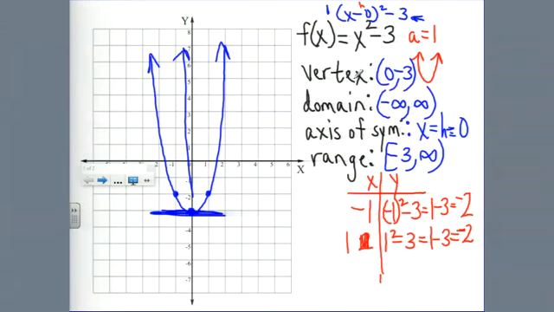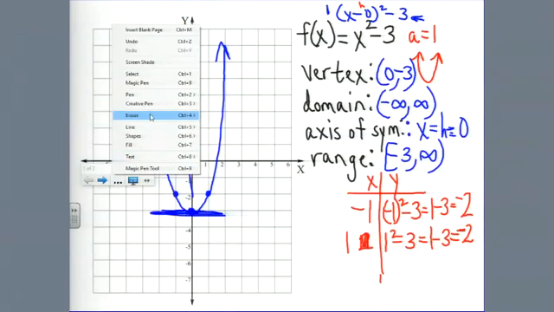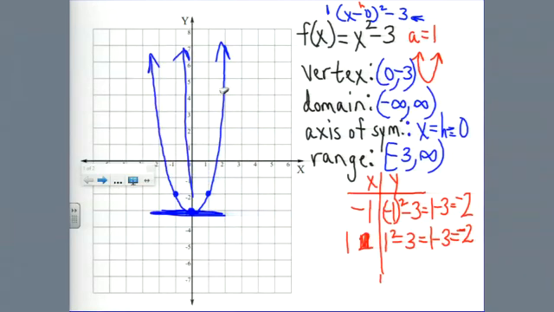Let's look at another parabola in which we need to graph and find all of its characteristics.